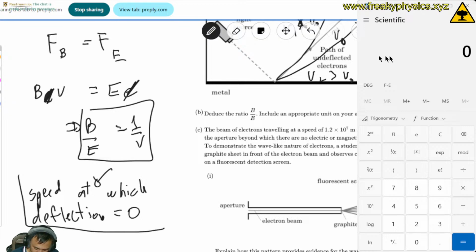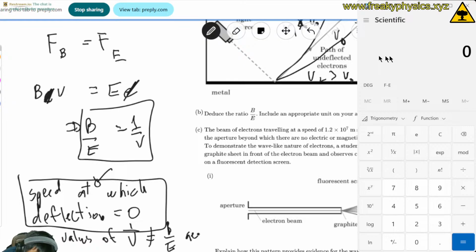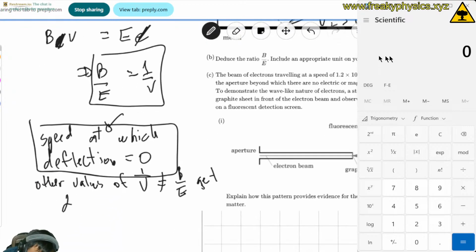Now, any other speed, if your B over E does not give you that velocity, those other speeds will get deflected. Other values of v, where 1 over v is not equal to B over E, get deflected. All right. So that's b.